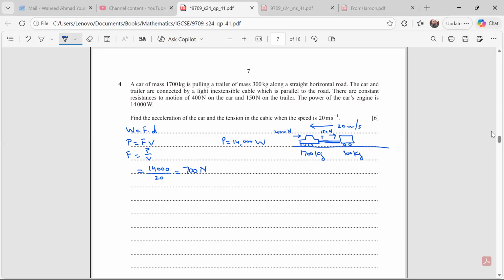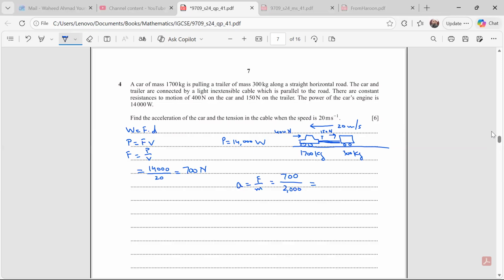Now the next thing is that we know that acceleration is equal to force divided by mass, right? If you consider the whole thing, the force given by the engine is say 700 and the mass of the whole arrangement is 1700 plus 300, so it's 2000, right?